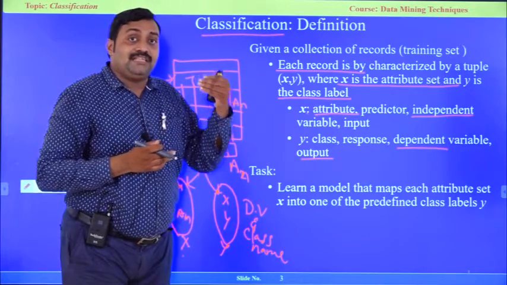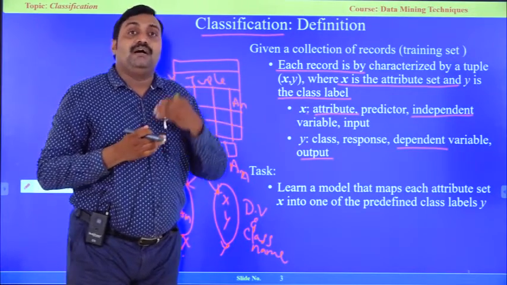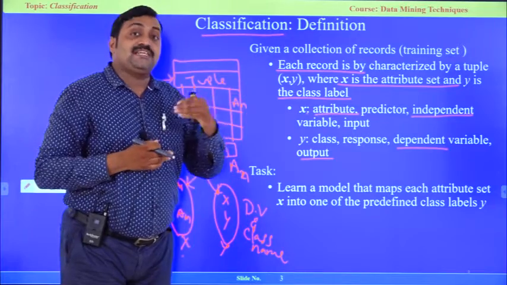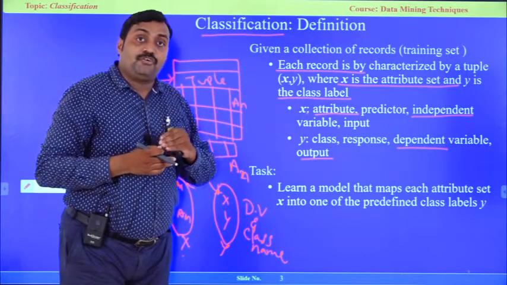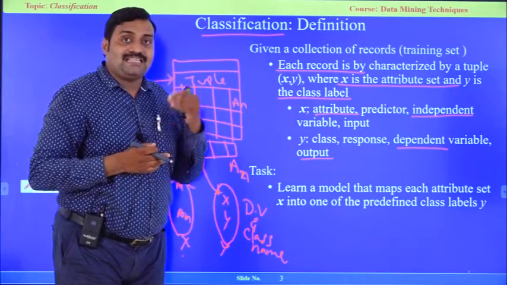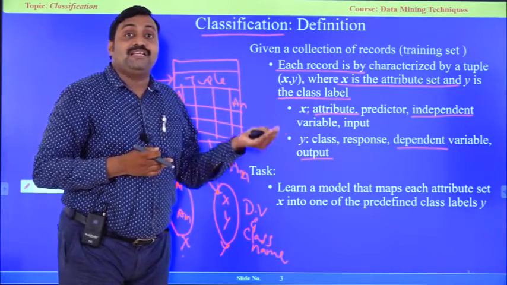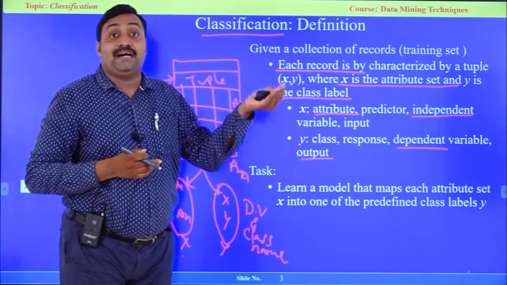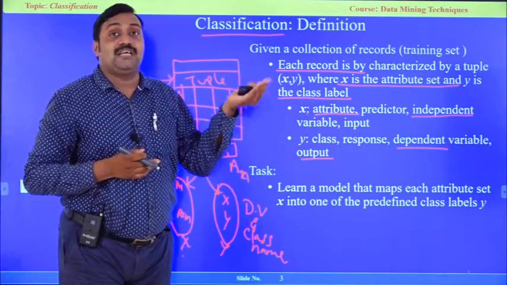These color and shape are the independent variables. They change from fruit to fruit. Whereas the name of the fruit is y, the predicted value, which is the class label.